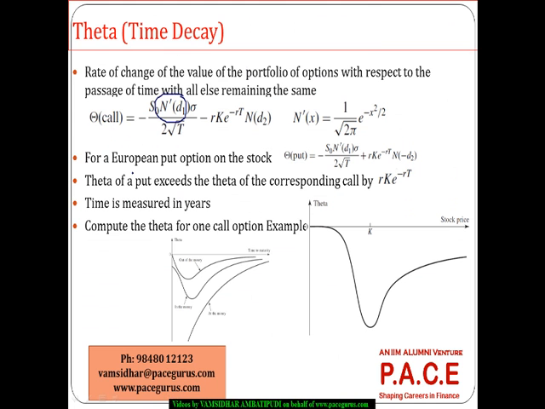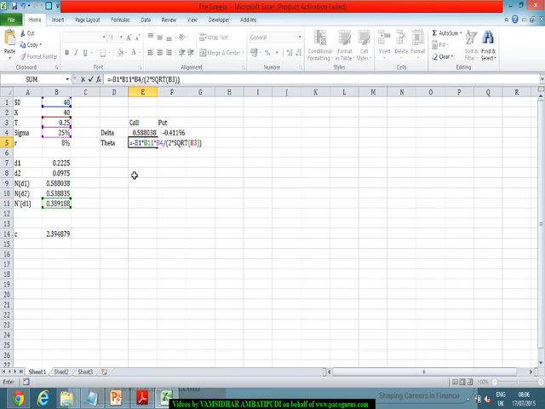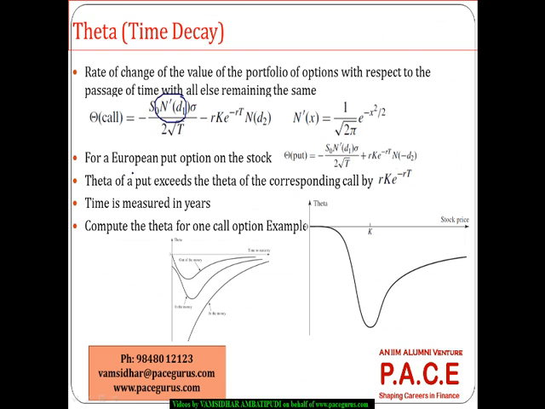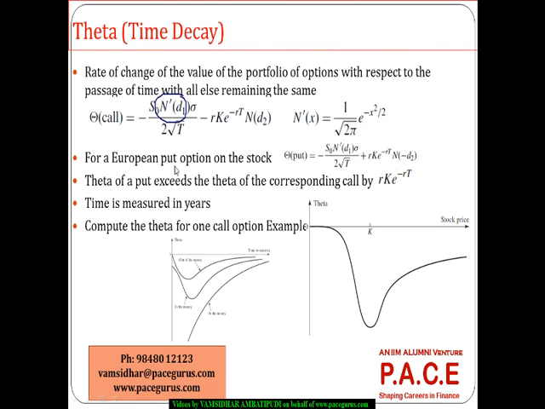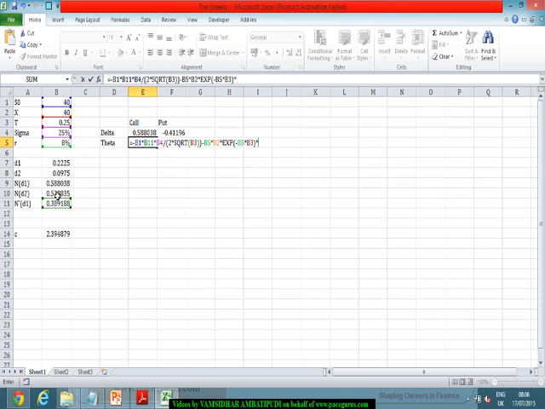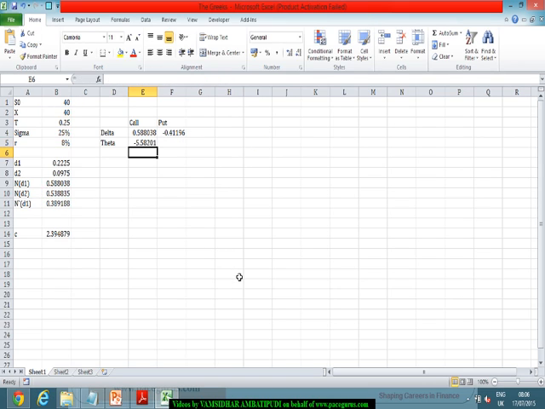Then minus R K e power minus RT, where K is the strike price, and D2. So this is what is working out to be my theta.